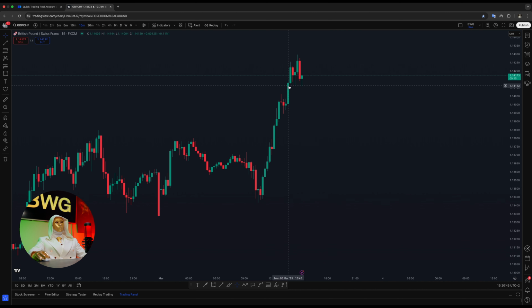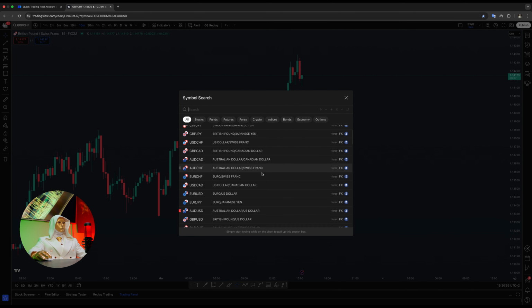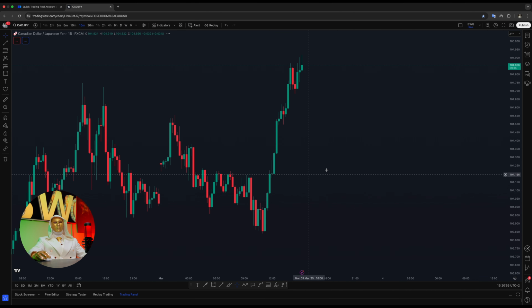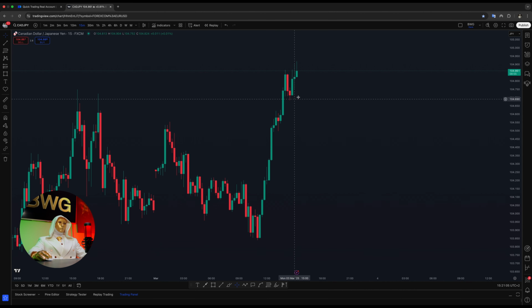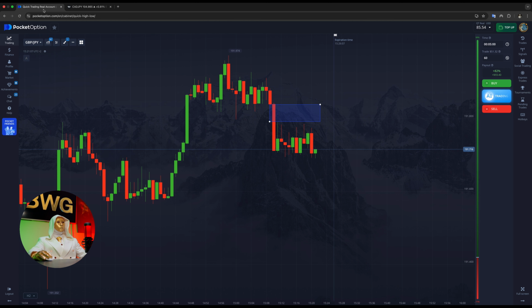GBP CHF is another great decline to the fair value gap, and a continuation of the movement is possible. But today I am looking for different scenarios. CAD JPY also decreased. Rebalances. As you can see, immediately after removing the buy-side liquidity level, that is, this high, immediately this short movement happened here. What's here?